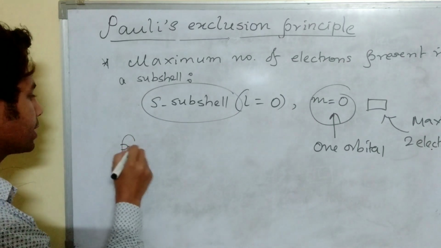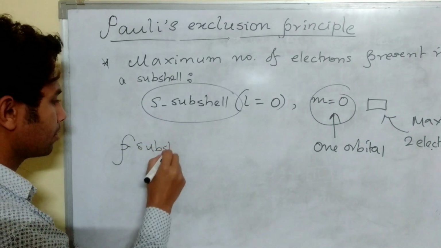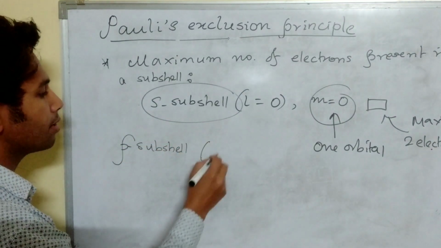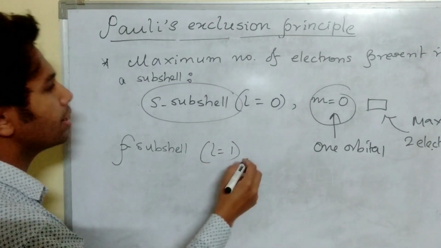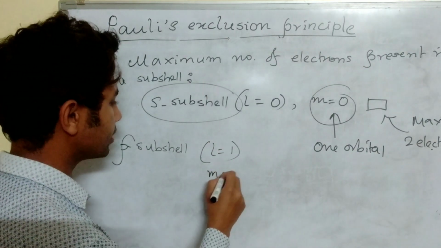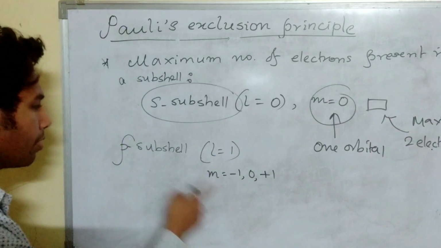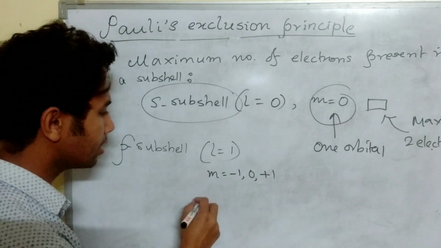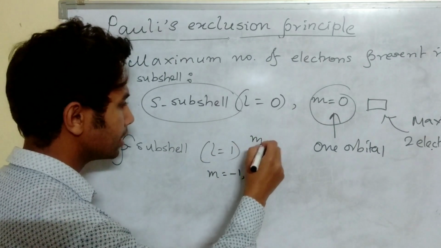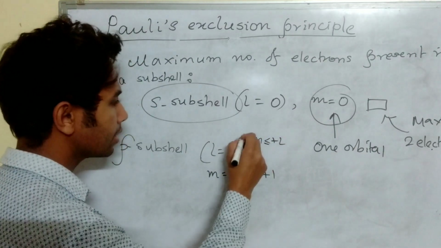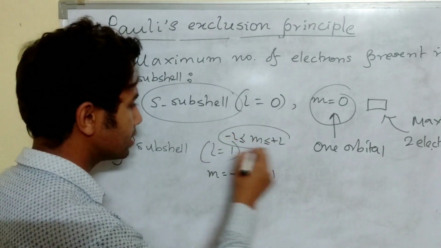For the p subshell, we have l is equal to 1, so m will be -1, 0, +1. We know that for l equal to 1, m is less than or equal to +l and greater than or equal to -l.